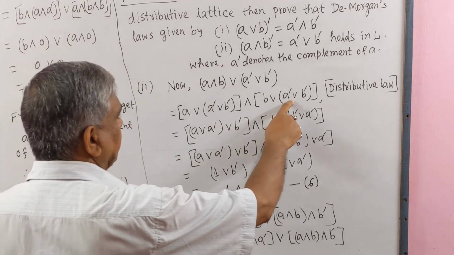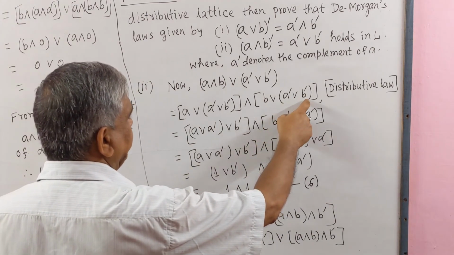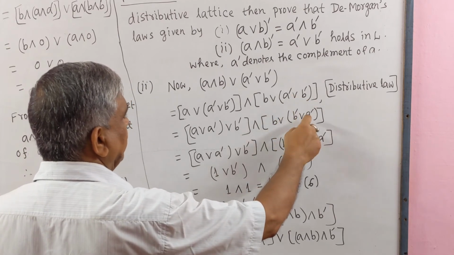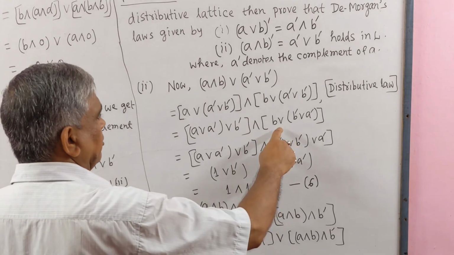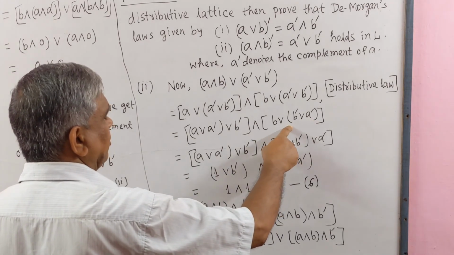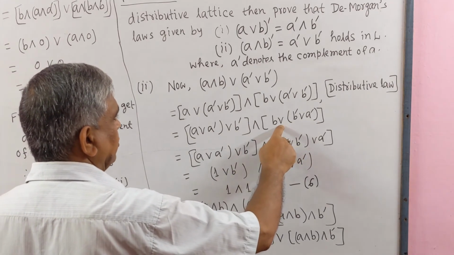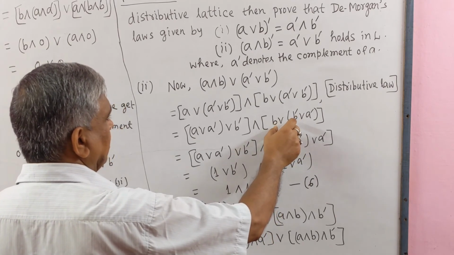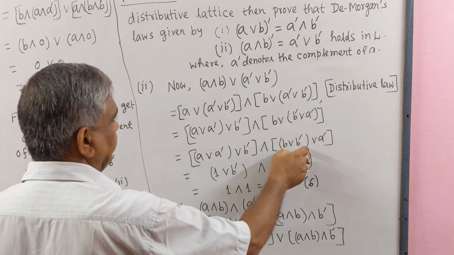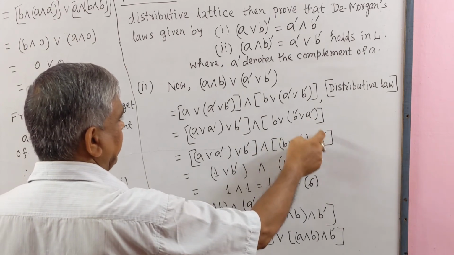Here by the commutative law, A prime join B prime equals B prime join A prime. Here we use the associative law, as here join, here also join. So (B join B prime) join A prime outside.